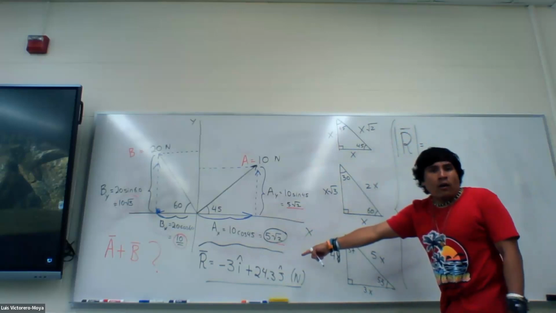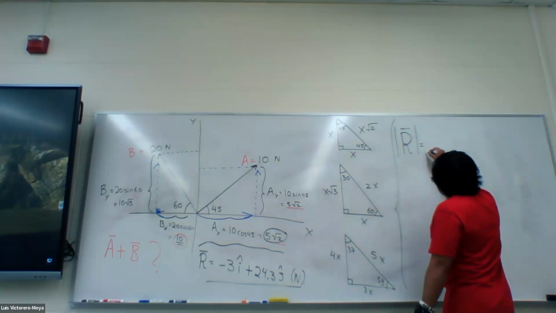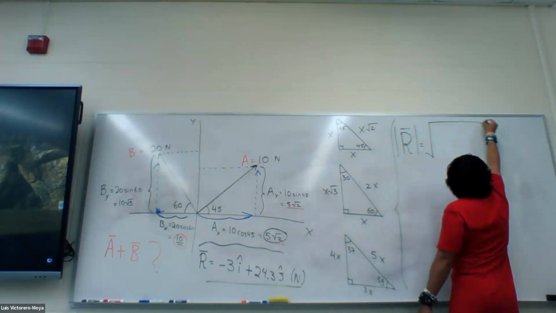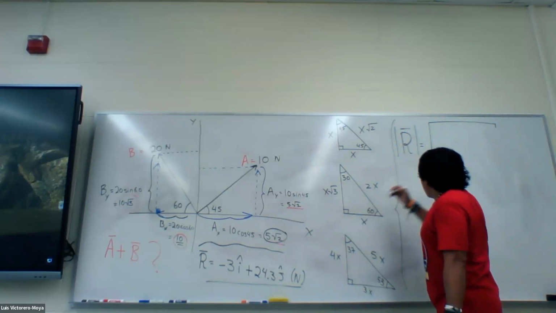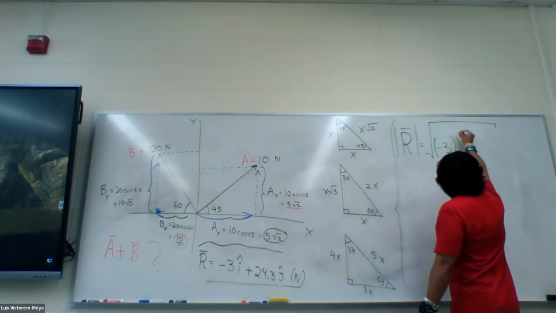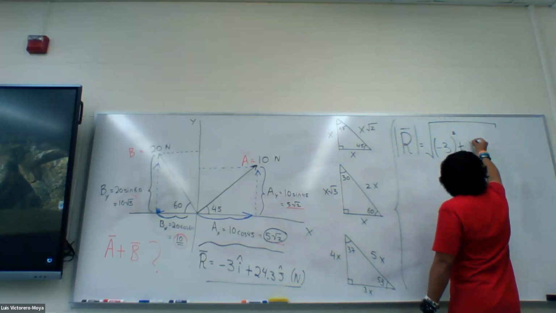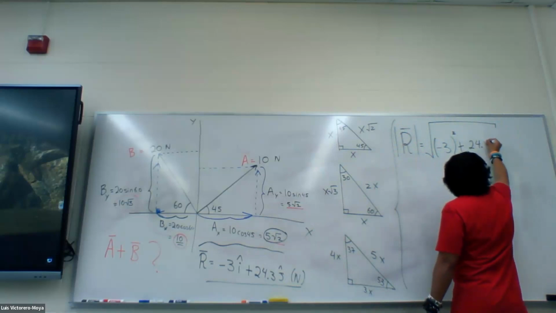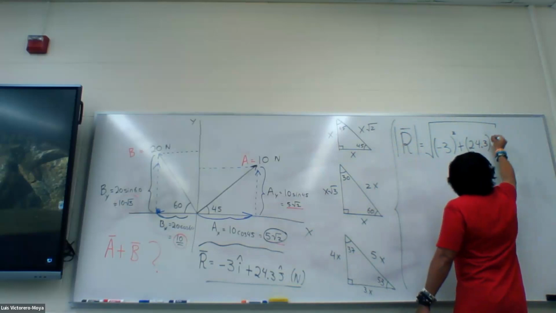You do the Pythagorean theorem, right? Square root of negative 3 squared plus 24.3 squared.